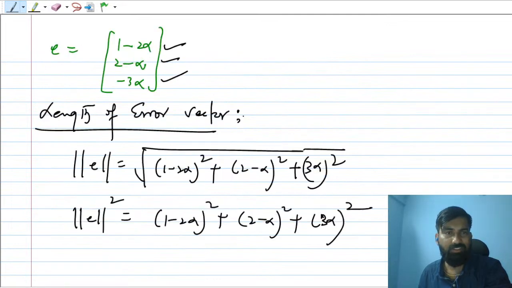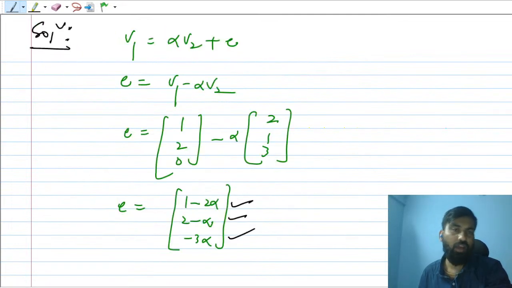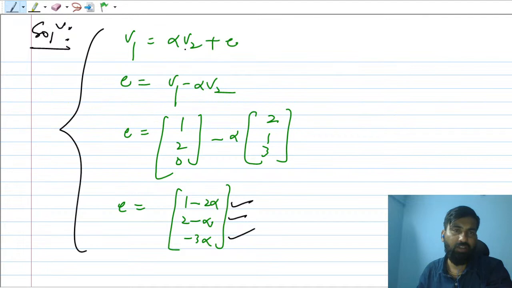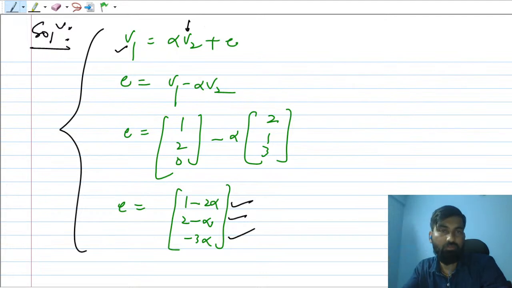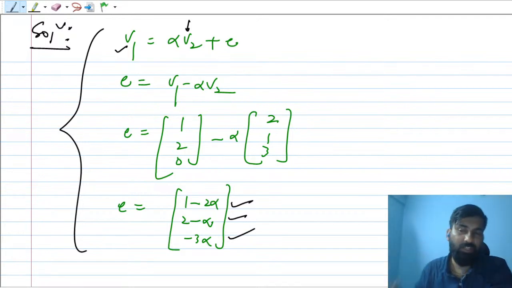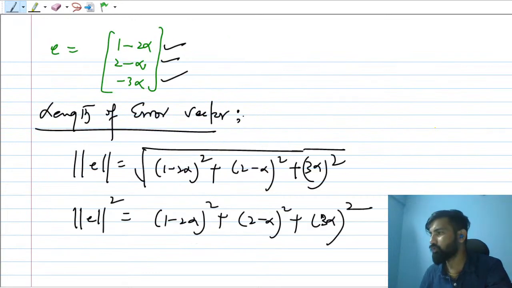I hope this makes sense. I have also explained: suppose we have a collection of pixels in terms of vector 1, and a second collection of pixels in terms of vector 2 of the new image. Now we are trying to find the error between the two, then determining the length of the error, then differentiating and finding this.